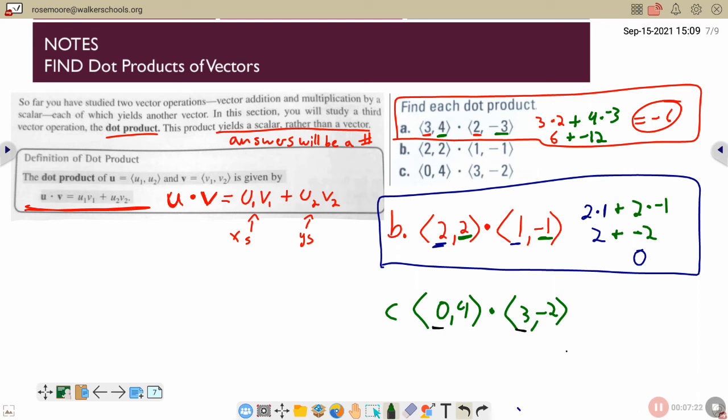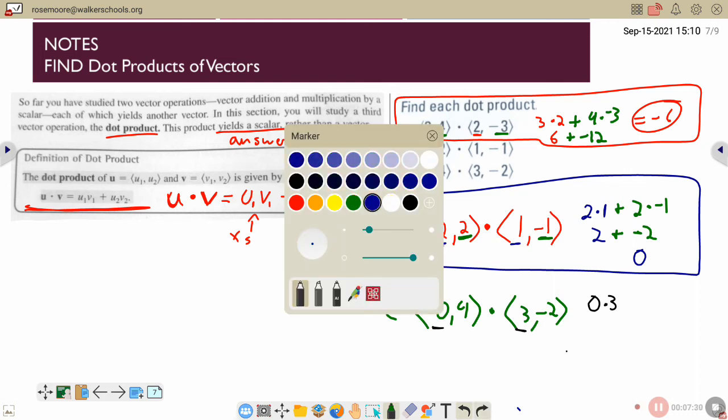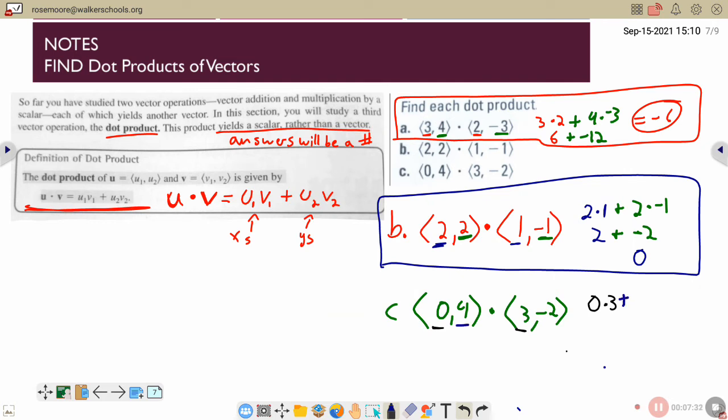X times x, so 0 times 3 plus, I like to change color, plus y times y, 4 times negative 2. 0 times anything is 0, so I'll have 0 plus, and 4 times negative 2 is negative 8. 0 plus negative 8 is negative 8. That is the answer to the C example.